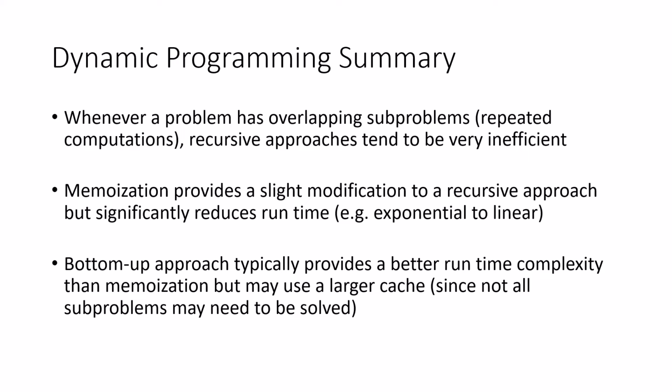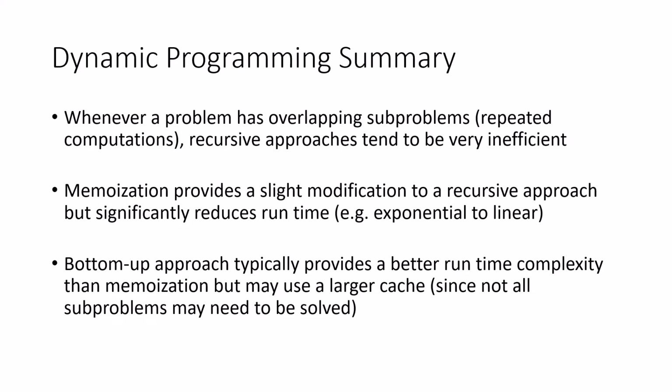The next thing is overlapping subproblems. If you ever have a problem whereby, in the recurrence relation, you can see that you're solving the same problem multiple times, that's called overlapping subproblems, because in the recursive approach you would be solving the exact same problem multiple times.